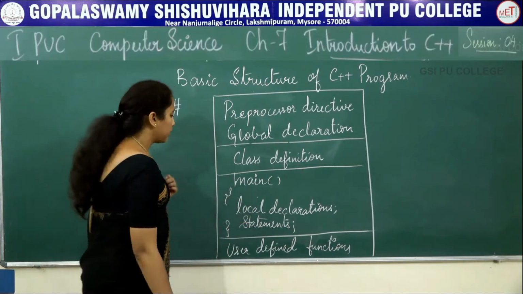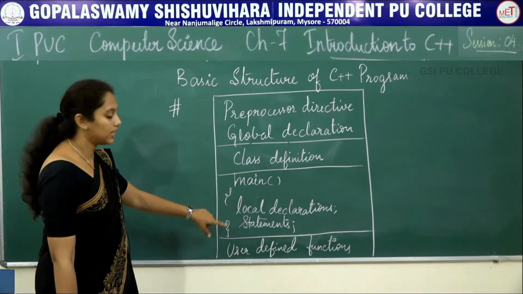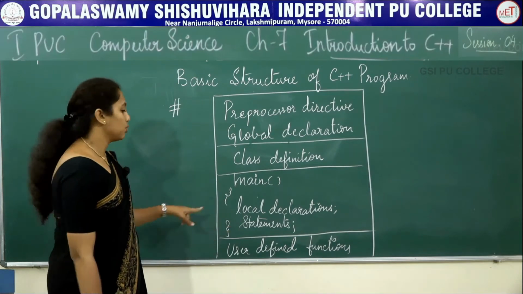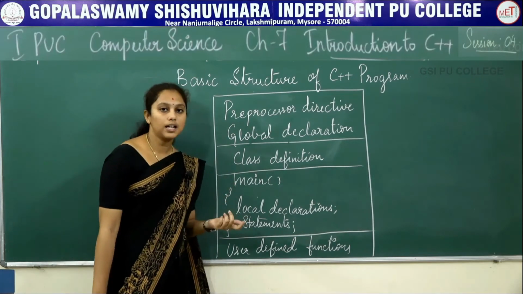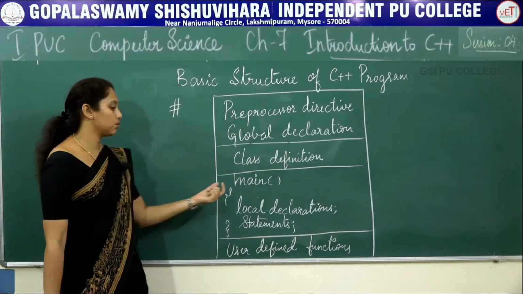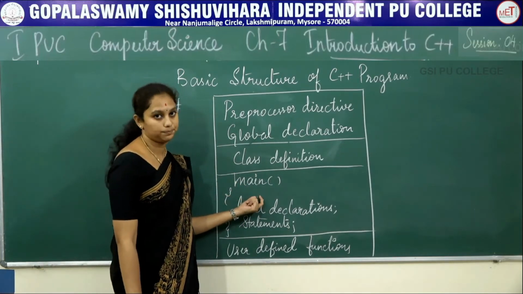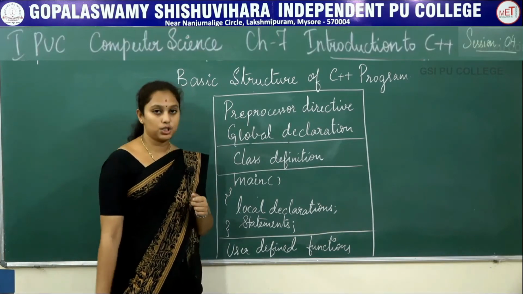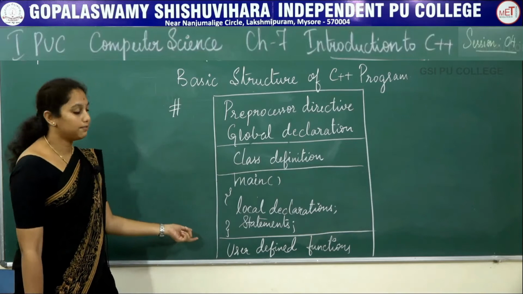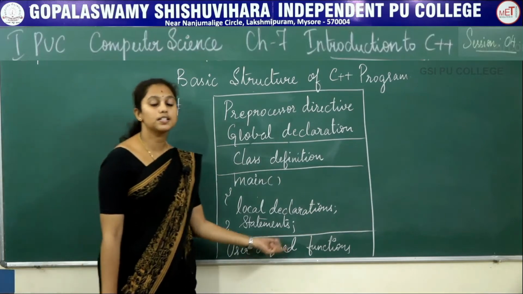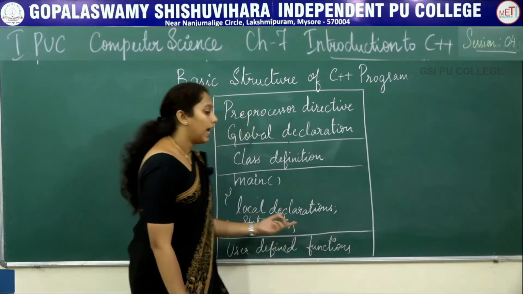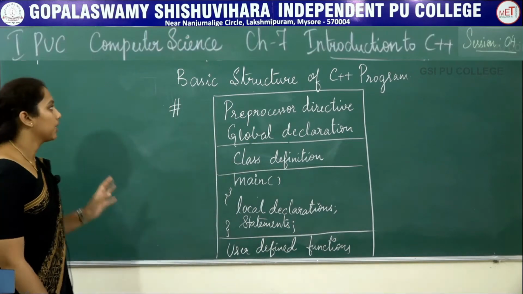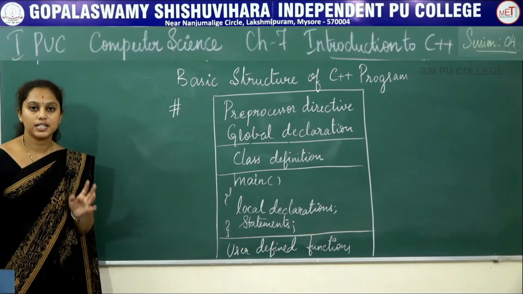It always starts with an opening flower bracket and ends with a closing flower bracket. Usually the execution starts from the first statement of the main function. The next section is user defined functions, which are the functions defined by the user, and it is an optional section. So this is about the basic structure of C++.